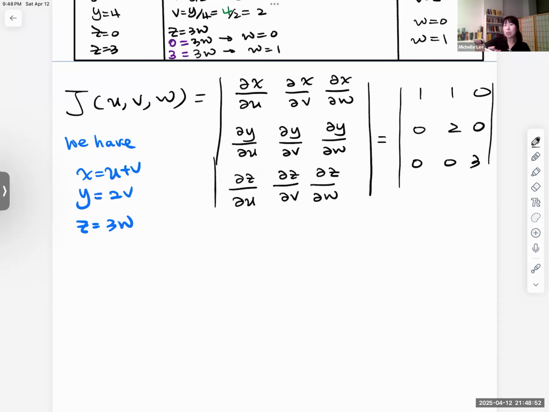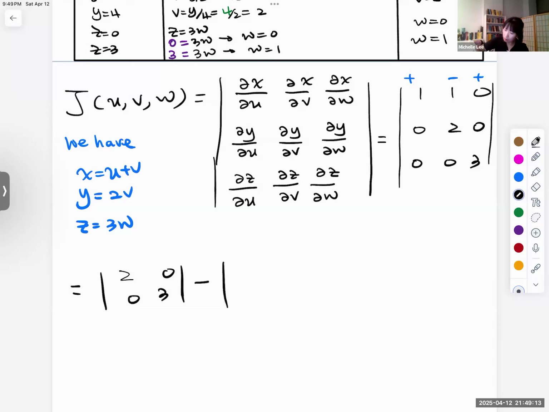Okay, 3 by 3 determinant. So we make positive, negative, positive. So we factor out with that. So there will be 1. And then we are using this one. So 2, 0, 0, 3, and negative 1.